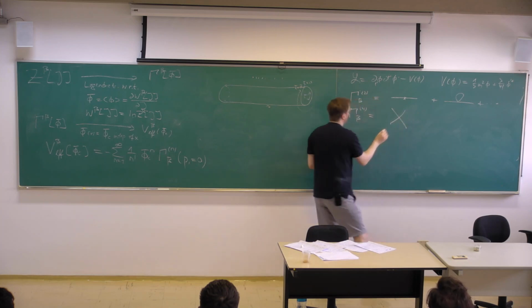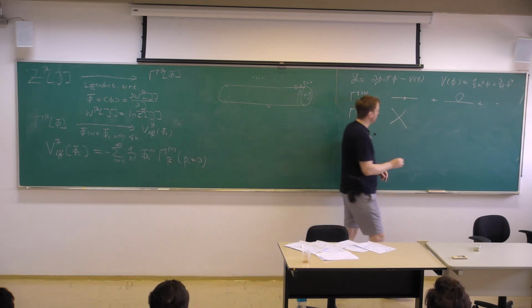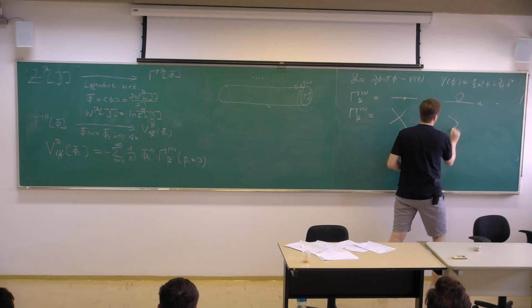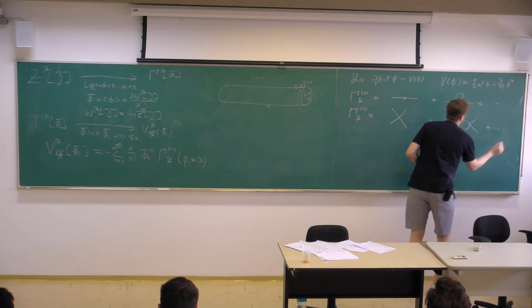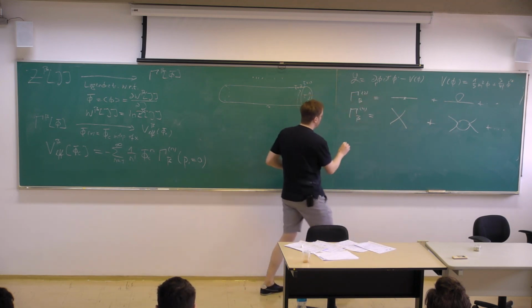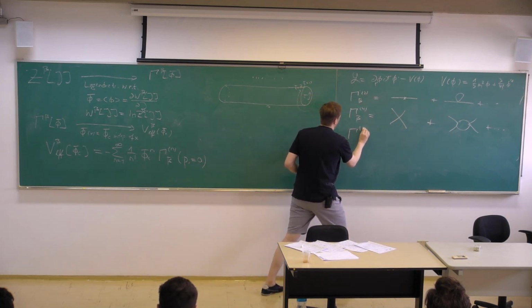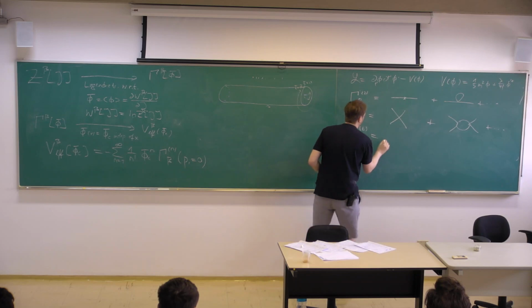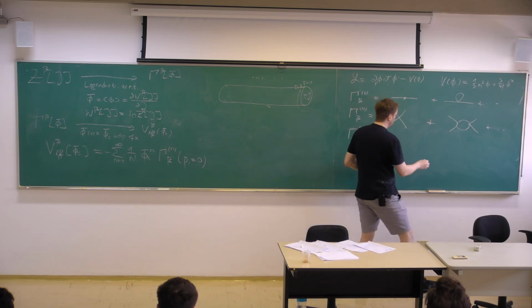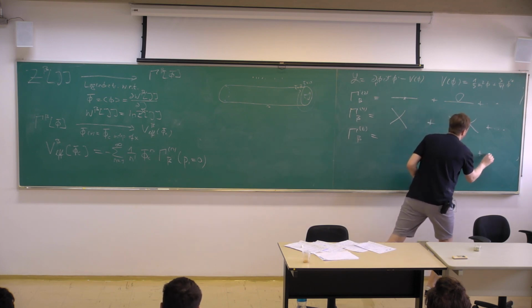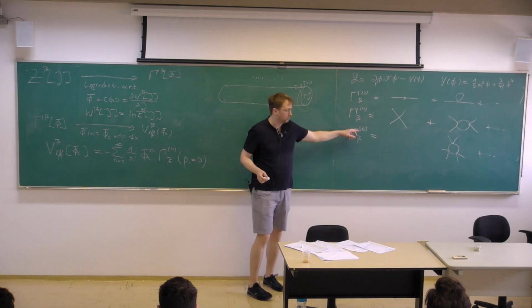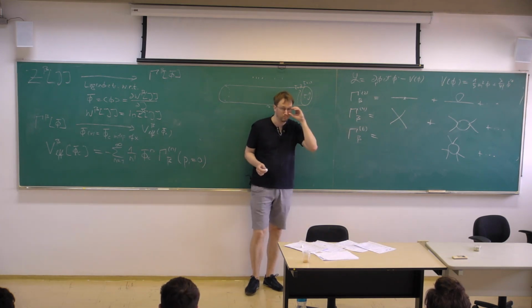For the 4-point function, I have the vertex, that's a tree-level contribution, and then a one-loop correction and some higher-loop corrections that we don't care about. For the 6-point function, there's no tree-level contribution, only the one-loop piece and higher-loop pieces, and for the 8 and higher point functions, it's the same.